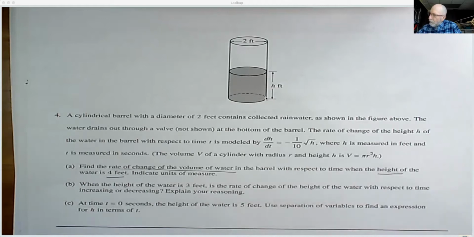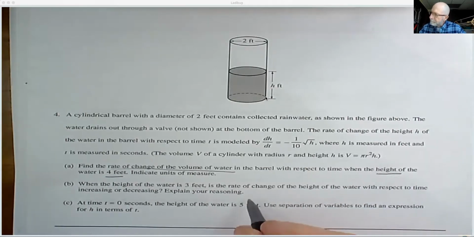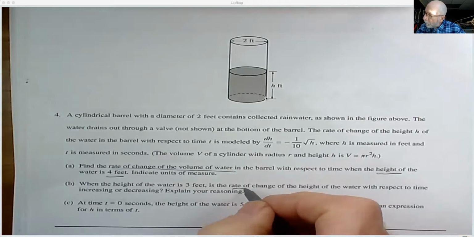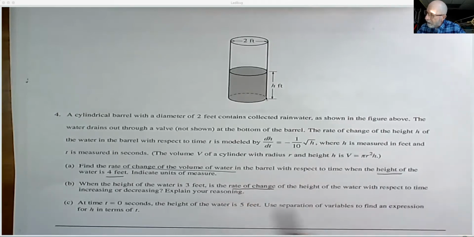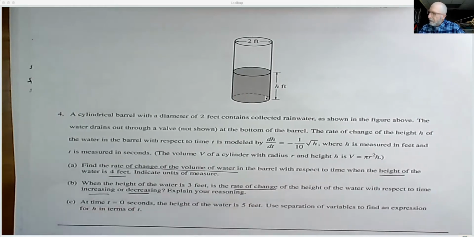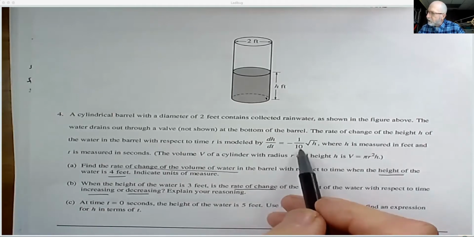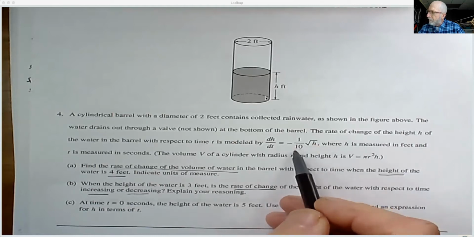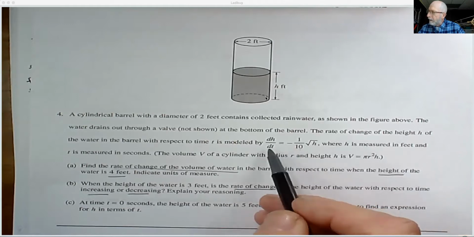All righty. So what do you think we need to do here? Plug 3 in for the height and see what the rate of change is. Okay, and is the rate of change increasing or decreasing? Well, this is the rate of change, correct? And we want to know whether, if I put 3 in here and I get a negative answer, that means my height is decreasing, correct?